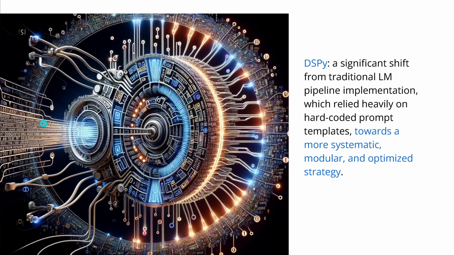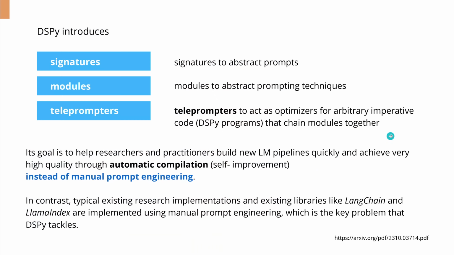And here, this is DSPy, as seen by my GPT-4 system. We have now a significant shift from a traditional language model pipeline implementation, either to a retrieval model, external data, or whatever, which relied heavily on hard-coded prompt templates. And now we change the game. We go towards a more systematic, more modular, and optimized strategy without any hard-coded templates. Stanford introduces here 3 elements: signatures, modules, and teleprompters.